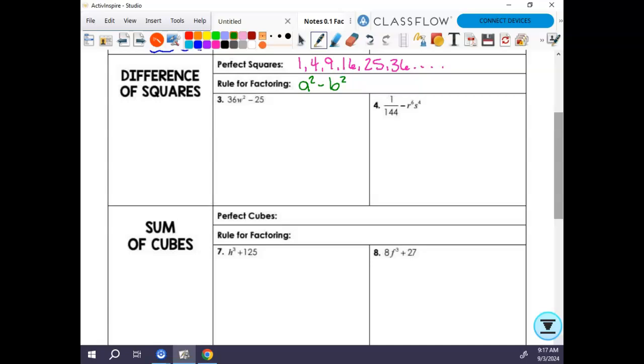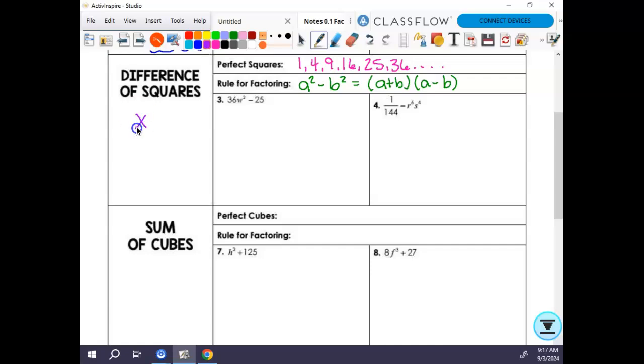So when I do that, it is just a plus b times a minus b. It's very simple to factor, and it actually comes up a lot. So let me start you off with one that's not even on here, since those all have extra stuff in there.